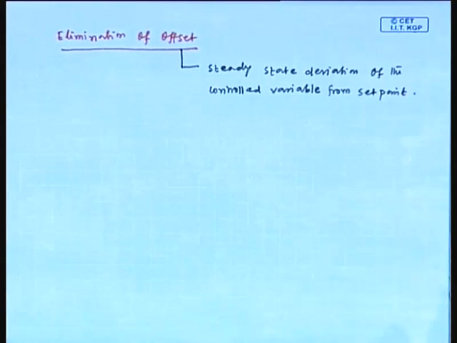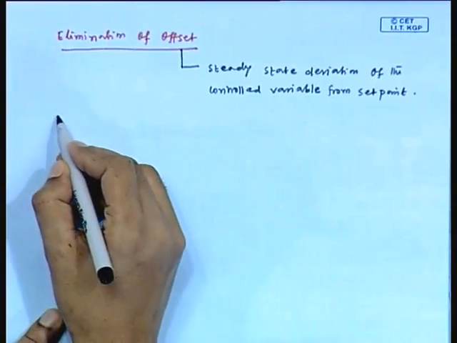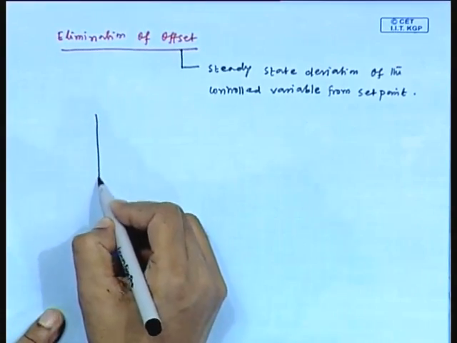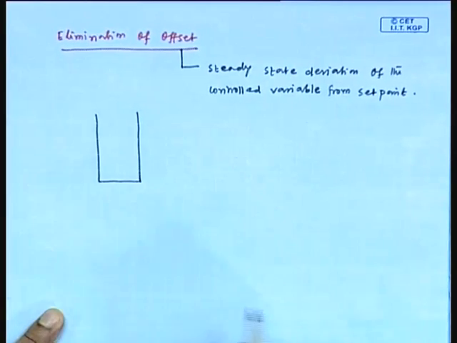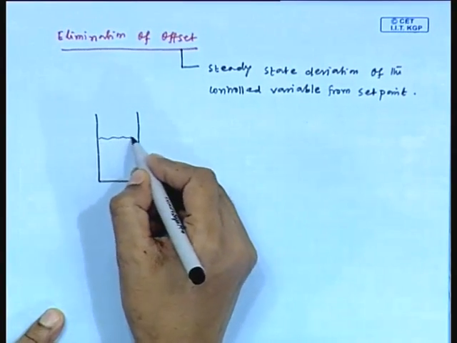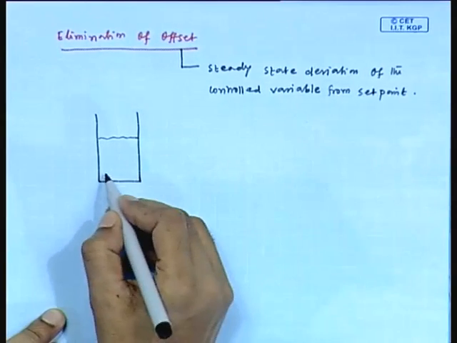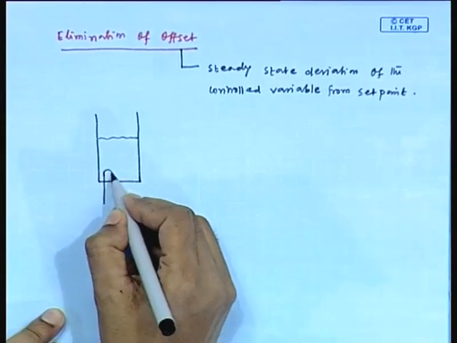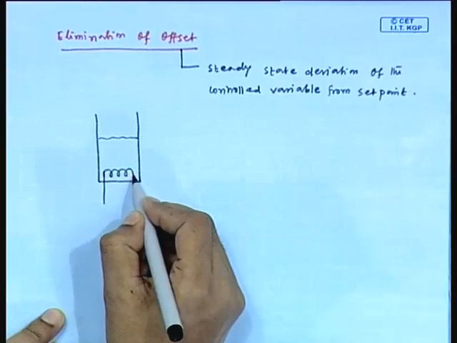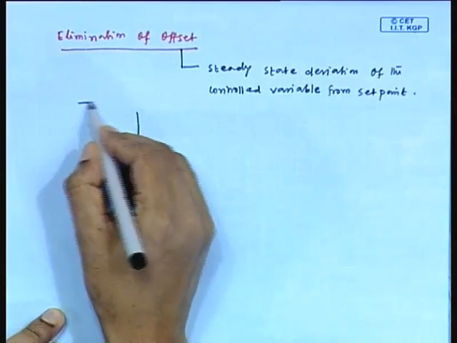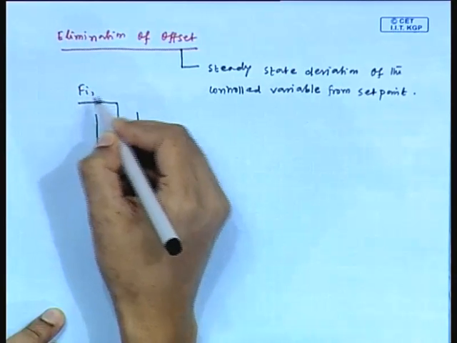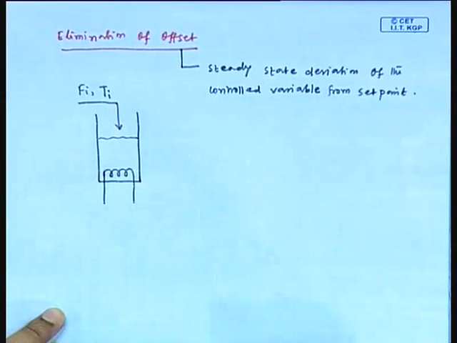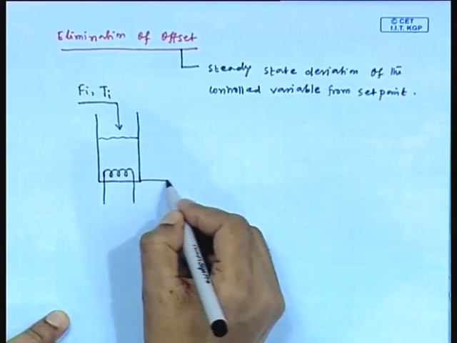Now, we will consider one example. This is a tank heater. Fi is the inlet flow rate and Ti is the temperature of the inlet stream.